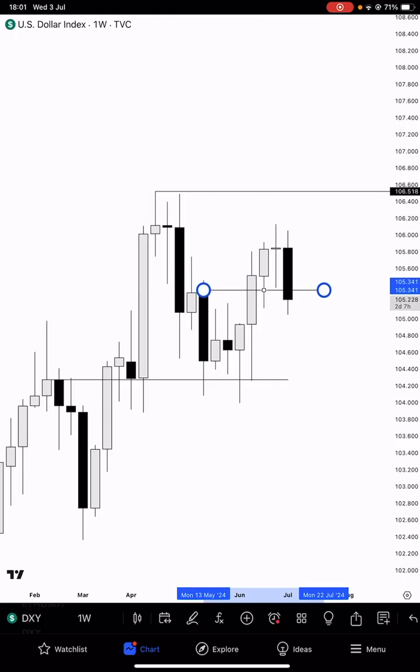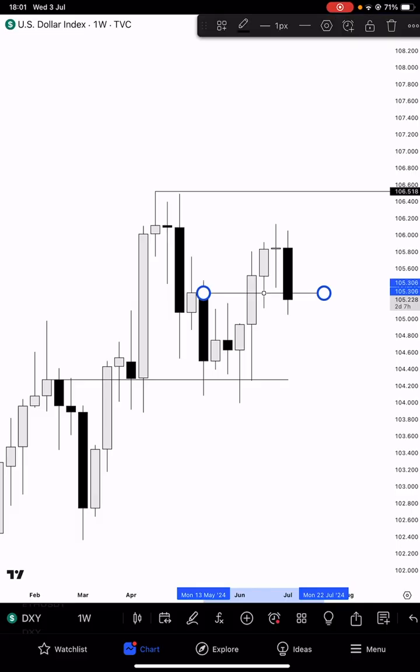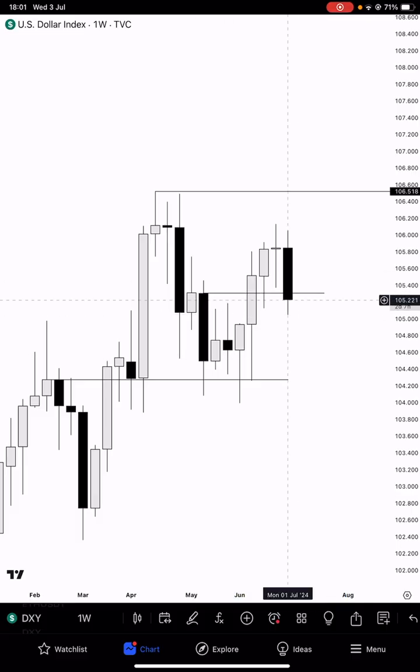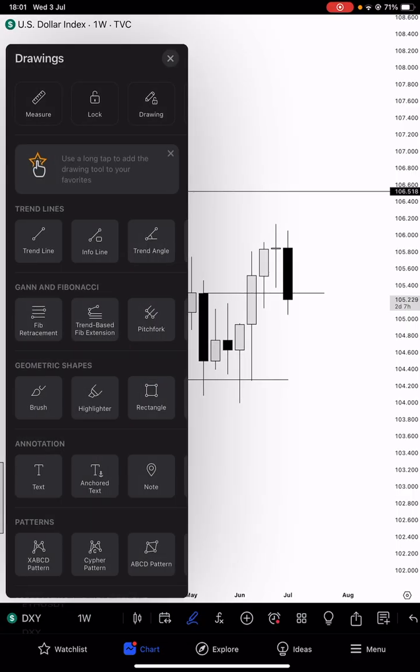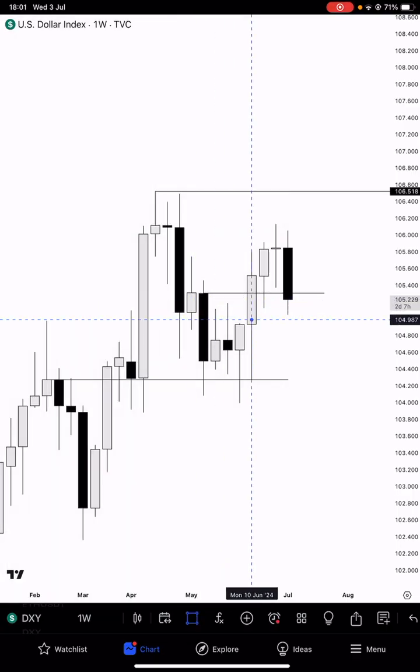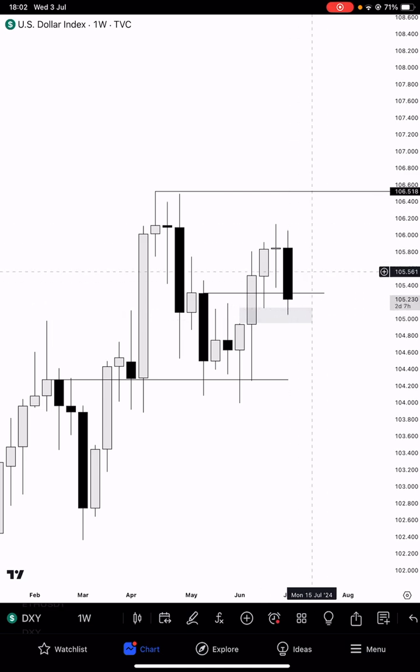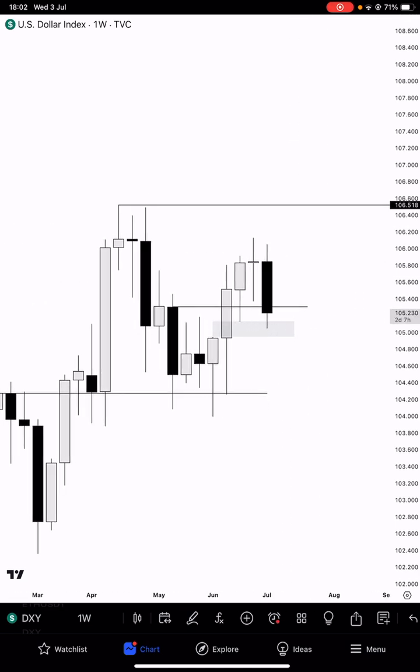Right now we are retesting the body where the major portion of the candle volume resides, while tapping into this weekly FVG. Not financial advice, I'm just giving you the bias, what I think will happen. The invalidation will be if we close on a weekly basis under this weekly FVG.